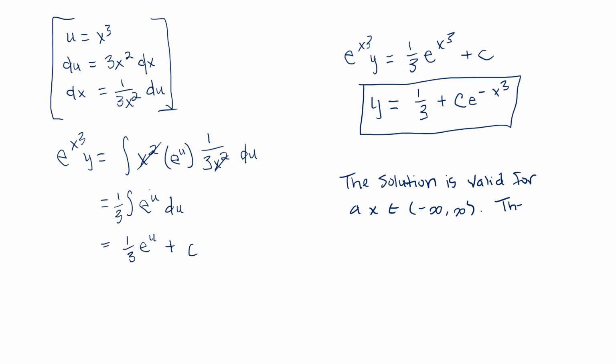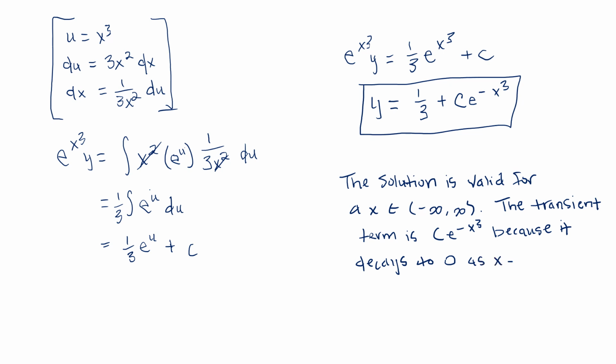So the transient term is c times e to the power negative x cubed, because it decays to 0 as x approaches infinity.